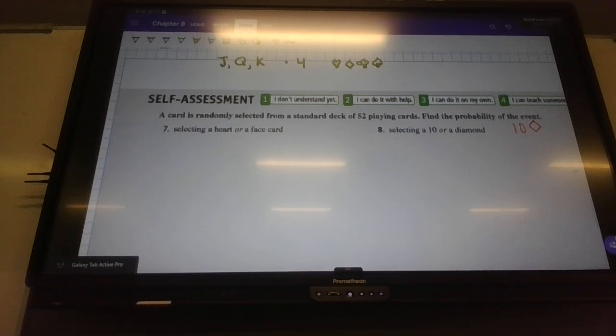Let's see if I make it happen. Card is 13 out of 52. How many face cards are there? There's either 3 times 4, which is 12, or there's 4 times 4, which is 16.